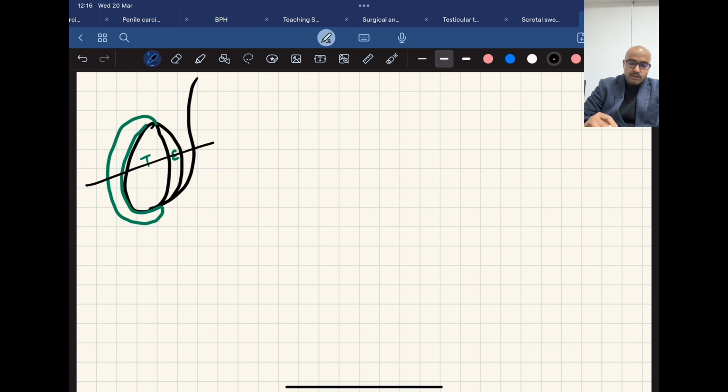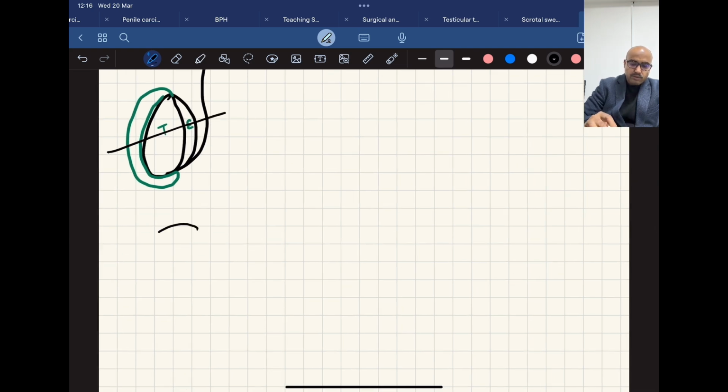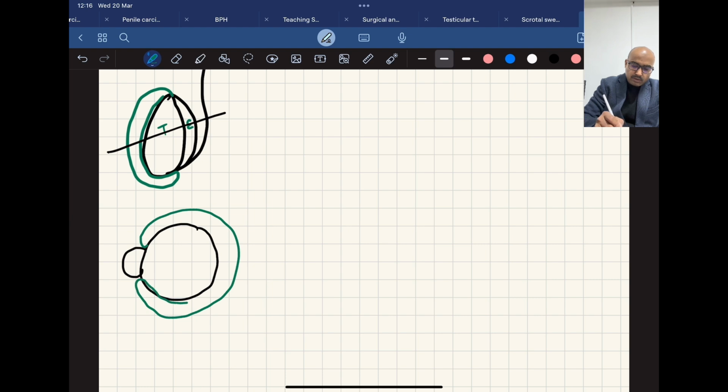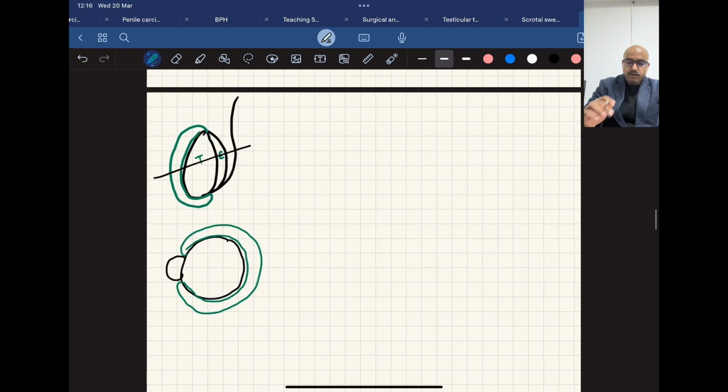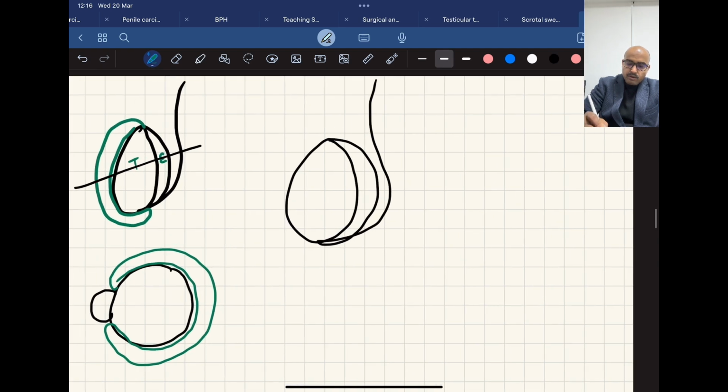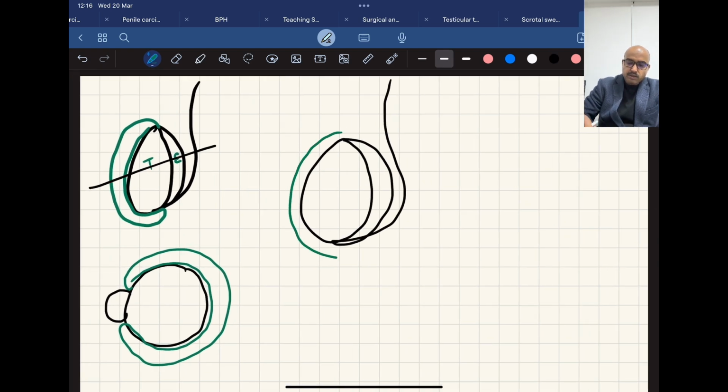And if you do a cut section, then you will see that this is the testis, this is the epididymis, and you see the tunica is surrounding the testis but not the epididymis. This is normal, fine. But in the case of bell clapper, or you can say the high investment, what happens here is the testis is completely surrounded by the tunica, completely, okay.